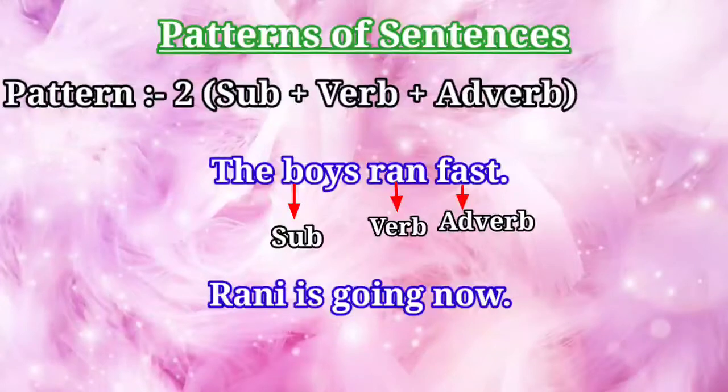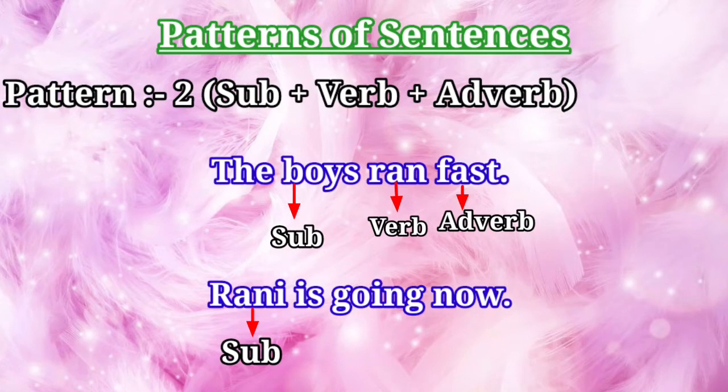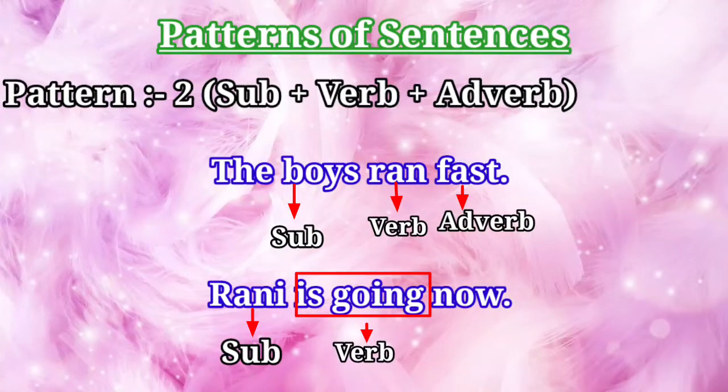So, how did they run? They ran first. So, it is the adverb of manner. Similarly, in the second one, Rani is subject, is going is verb and now is adverb, because the word now describes when the action is done, which means it is the adverb of time.